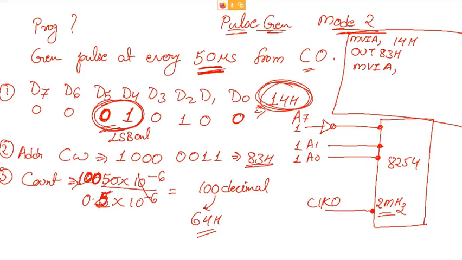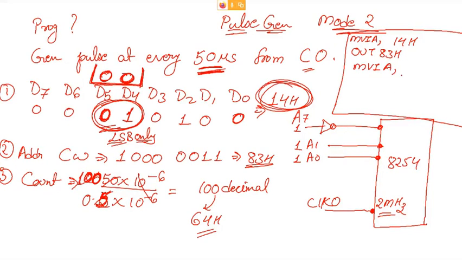For that you have 0, 1. Anyone who remembers what 0, 0 is in D5, D4? It was latched mode. You have to remember these things, otherwise it will be difficult.